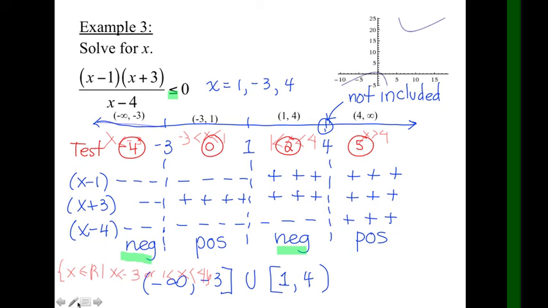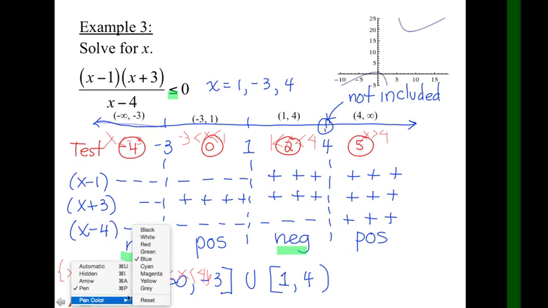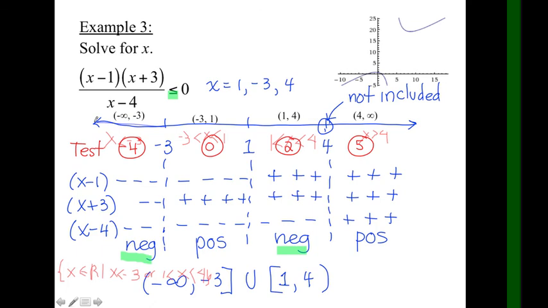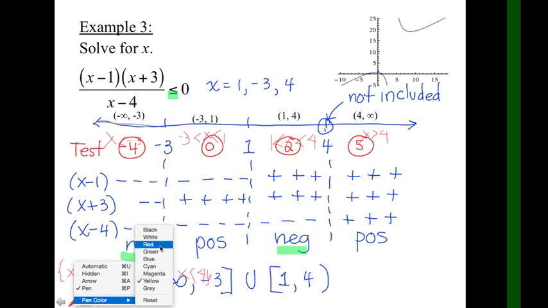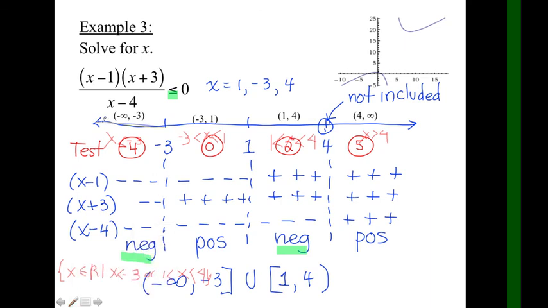Let's say blue, yellow, sige, red na lang. So this one, ayan.